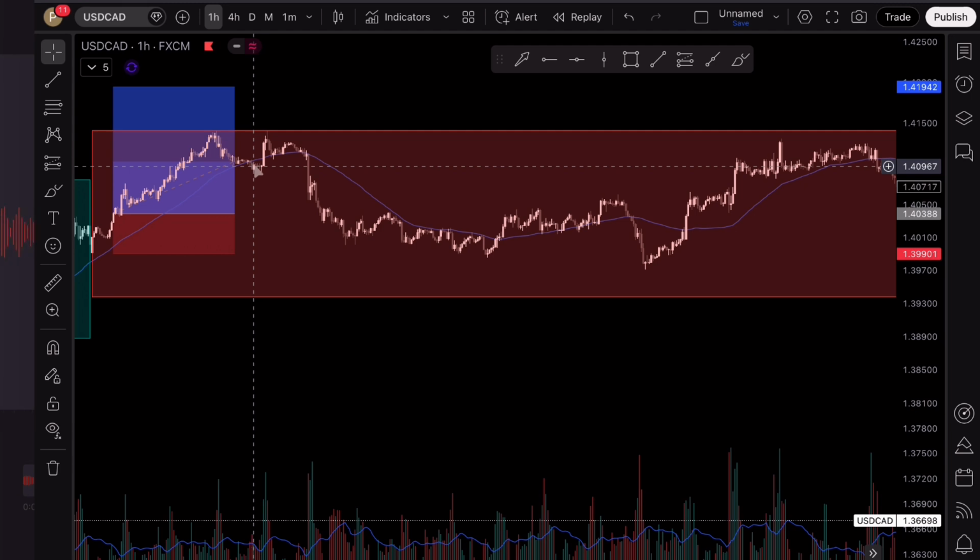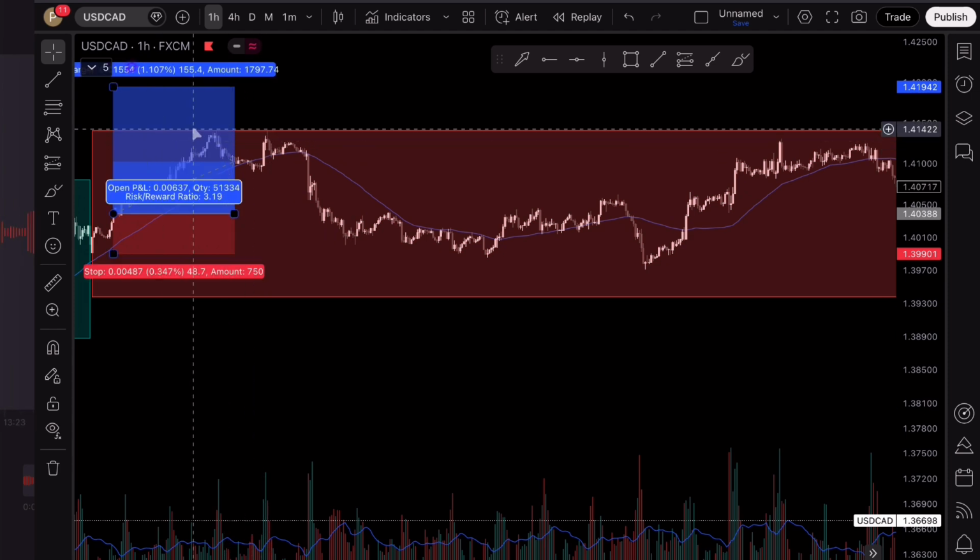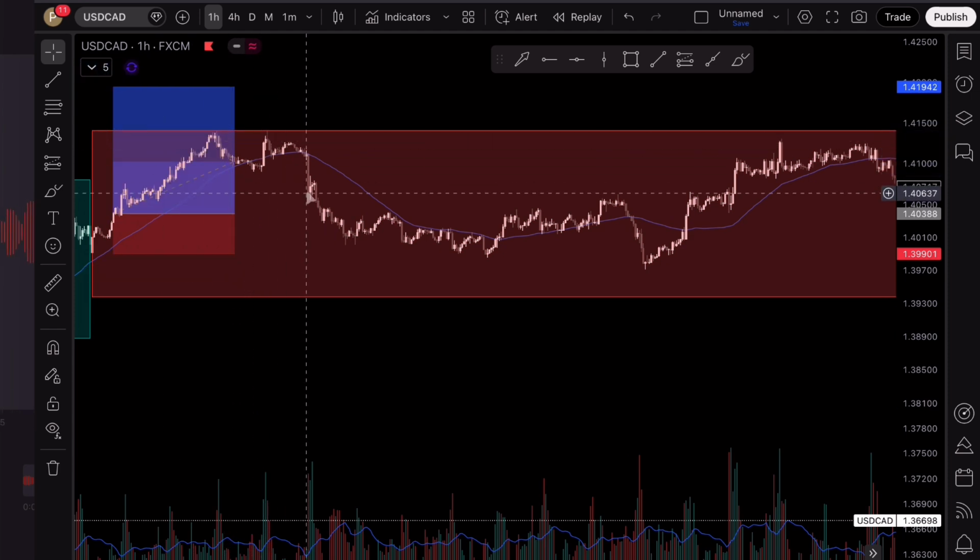So if for any reason you didn't get out once you noticed this pullback at the same spot, at least try as much as possible to get out here. Cut your loss short and get out of that trade at this point.